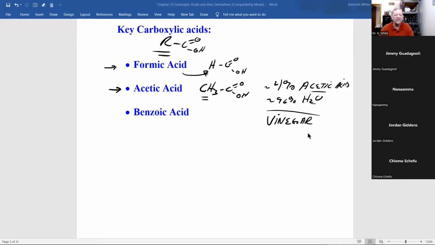Now, the last common name you should know, I'll never ask, here's a structure, what's the common name? But on a test, I could say, draw the structure for benzoic acid. And what's that? That's when R is a benzene ring. And this also is the IUPAC name.